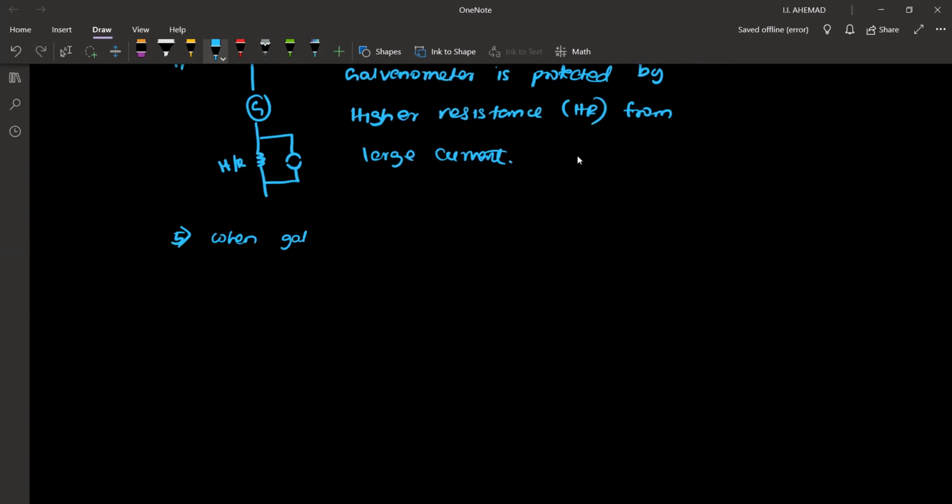When the galvanometer is connected in series with high resistance, an approximate balance length is obtained.